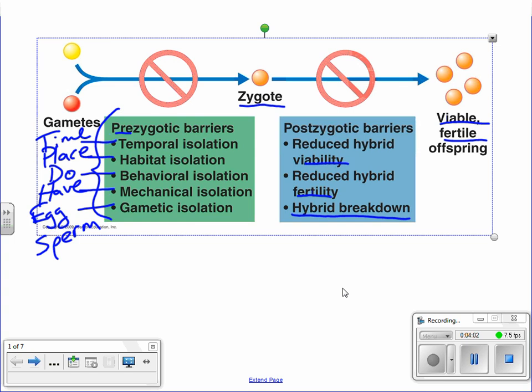So with hybrid breakdown, we're talking about the kids of the hybrid that don't come to the next generation, and that ultimately stops the new hybrid species from continuing on. So all of those barriers are really the big hurdles that two species that come together to make a hybrid have to get over before that new offspring can be viable, which is lively, and fertile, which is being able to create more offspring.